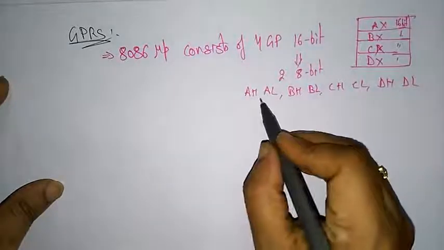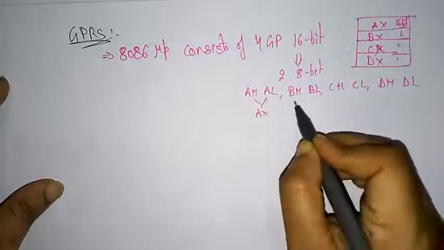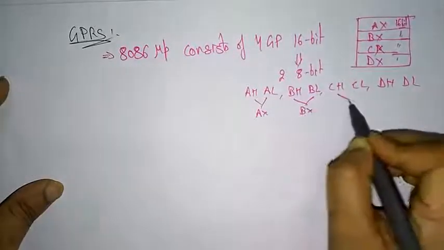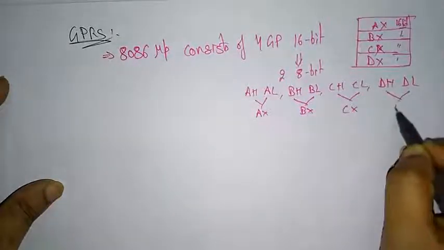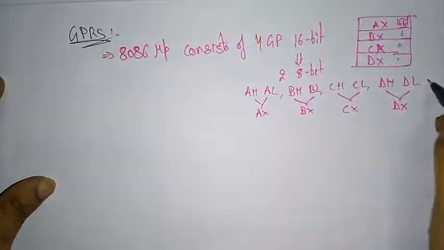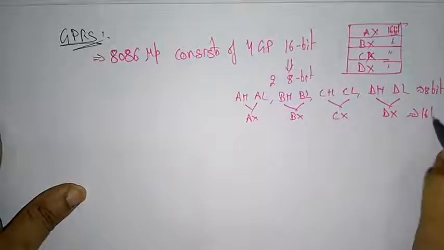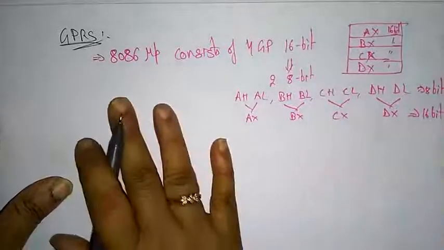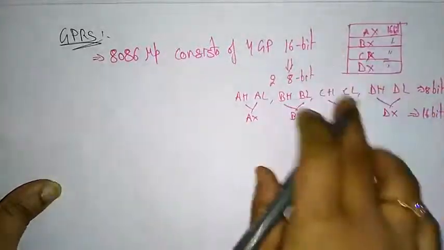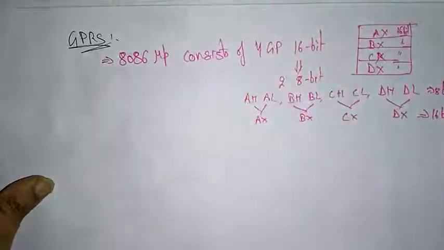Each is 8-bit, and combined you call them AX, BX, CX, DX. These are 8-bit registers and these are 16-bit registers; that is the only difference. So in the 8086, these four are the general purpose registers.